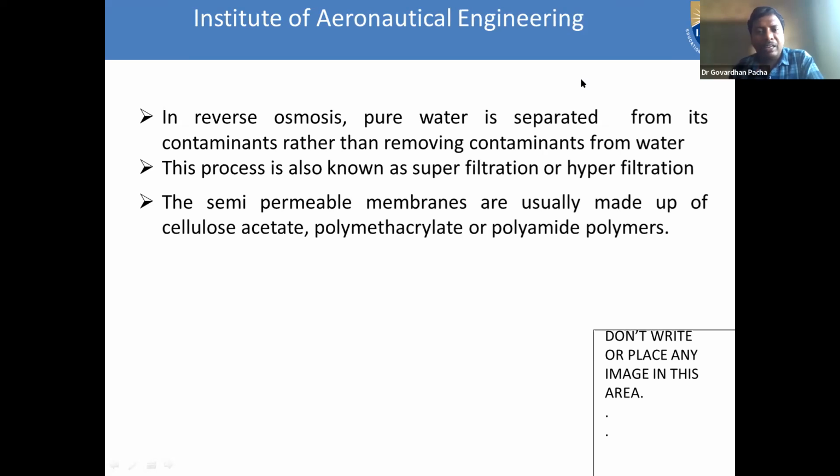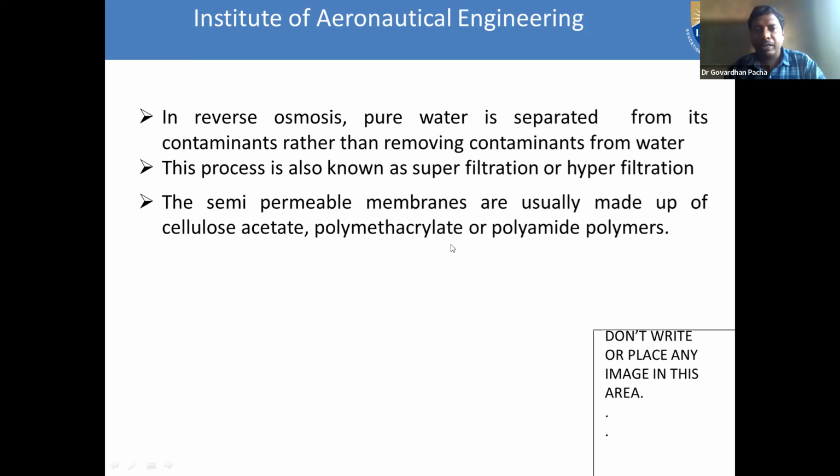Okay. What are the alternative names for reverse osmosis? Superfiltration, hyperfiltration. Okay, very good. So this is about the overall osmosis and reverse osmosis process.